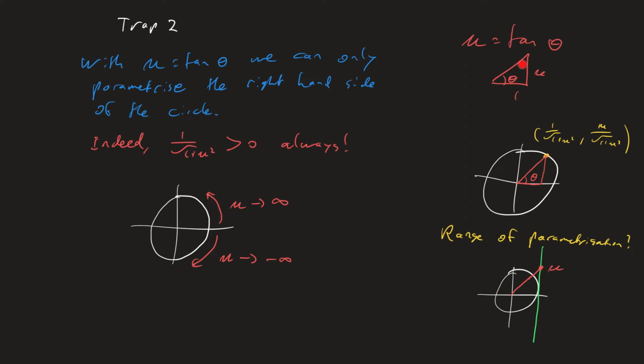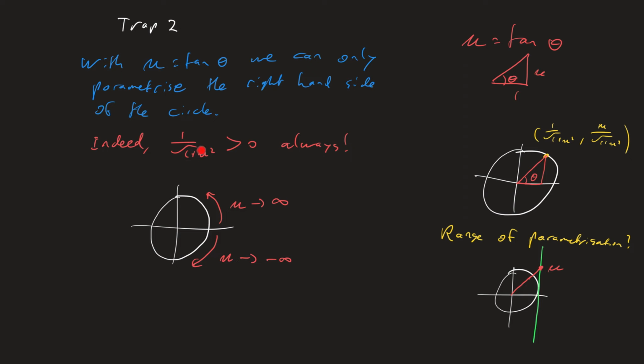Well, in this diagram here, we have a base length of 1. So what we can do is we can actually draw a line here that is at the x equals 1 coordinate, and the u parameter is given by extending this line here all the way out until it meets the green line here. And now we see that as we vary u from negative infinity to infinity, we trace out the right-hand side of the circle here.